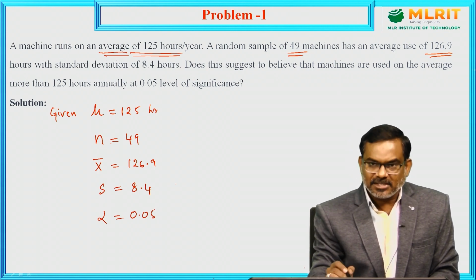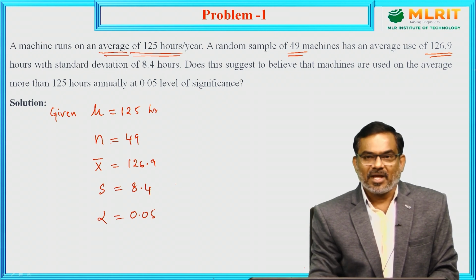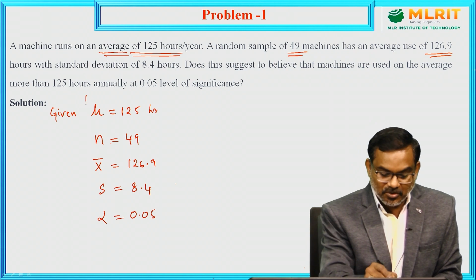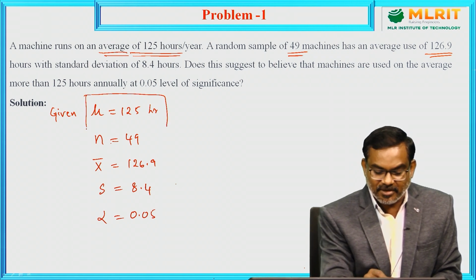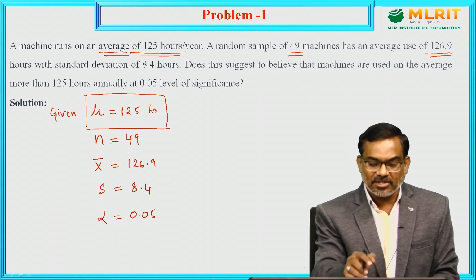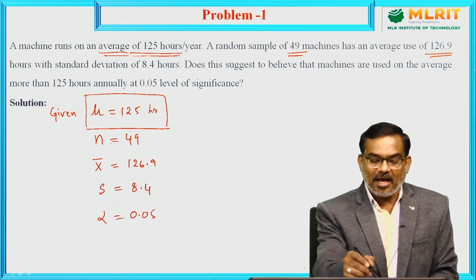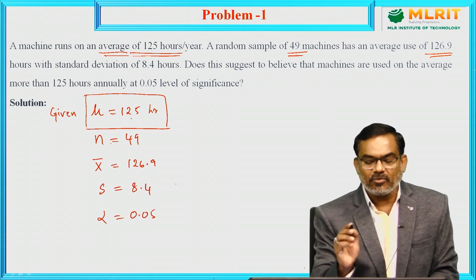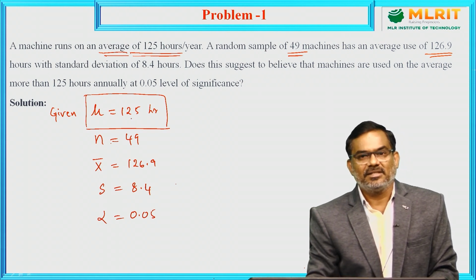So, to test the null hypothesis, as we know, the null hypothesis must be in the form of equal to. So, the given statement which is to be tested is called the null hypothesis. So, here the statement given is the machine runs on an average of 125 hours. So, this mu equal to 125 is the null hypothesis.